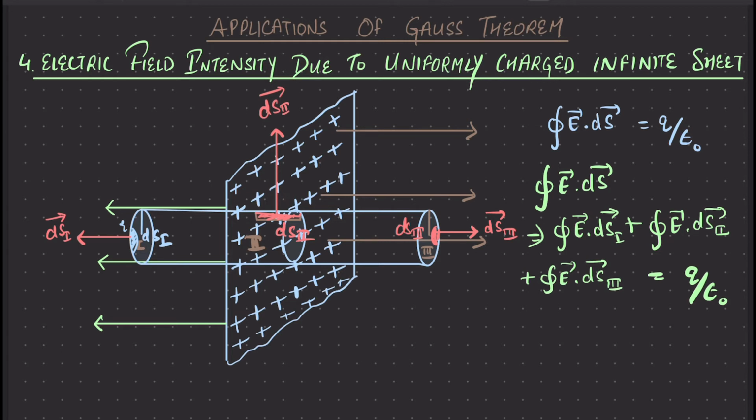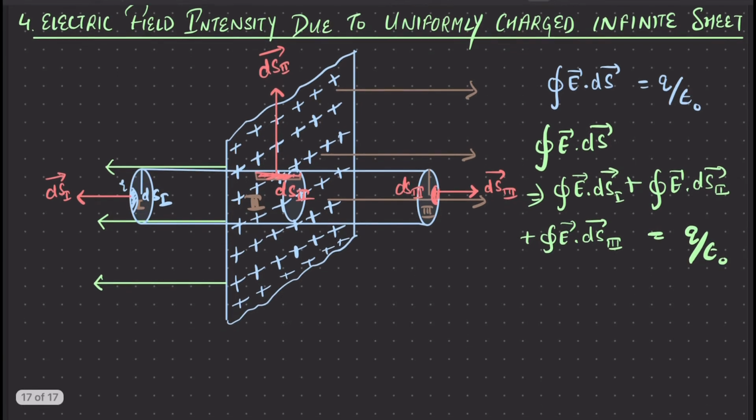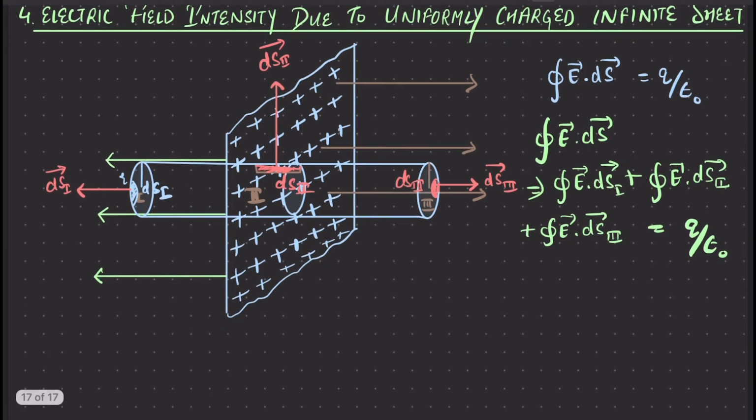Now when we consider these areas, in case of the first area ds1 vector, ds1 vector is pointing towards the left hand side, and even the electric field lines are pointing towards the left hand side. So both are parallel to each other, and we know the angle between two parallel lines is 0 degree.